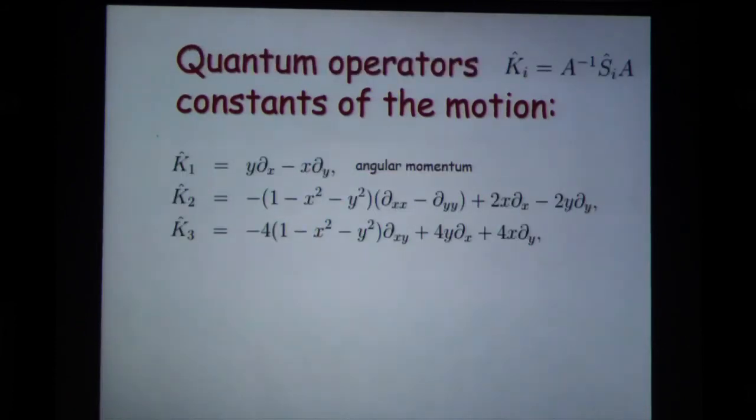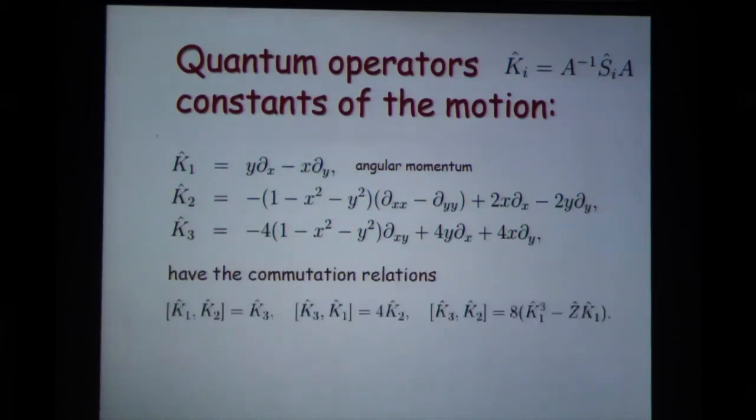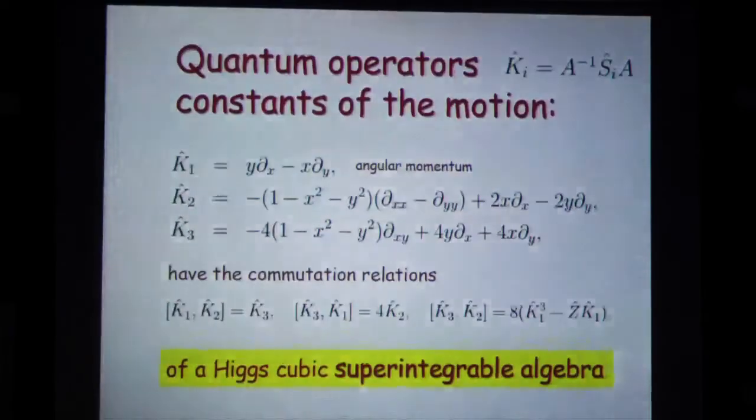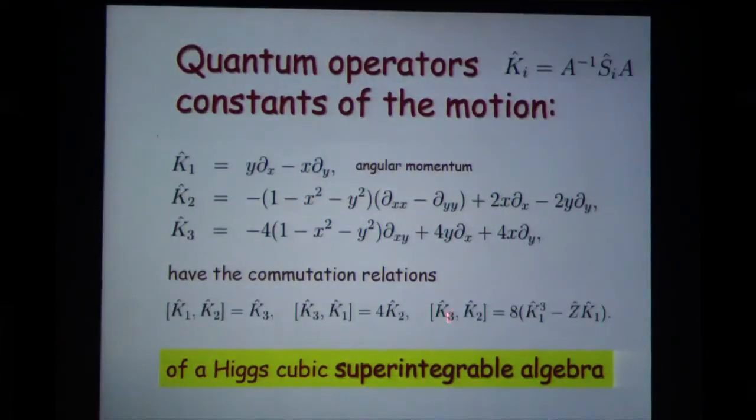And the quantum operators can also have these K1, K2, K3. They also follow similar commutation relations. Between K3 and K2, you get this expression with a Zernike Hamiltonian here, and K1.